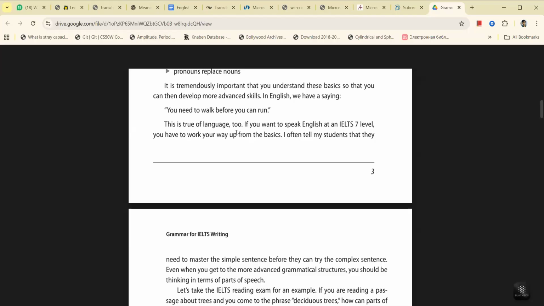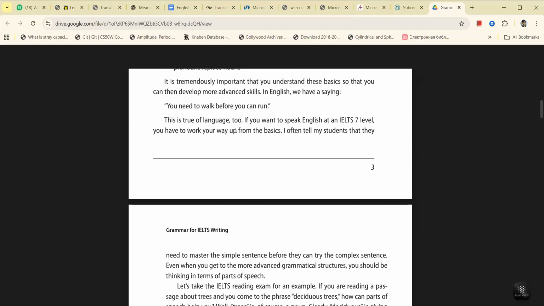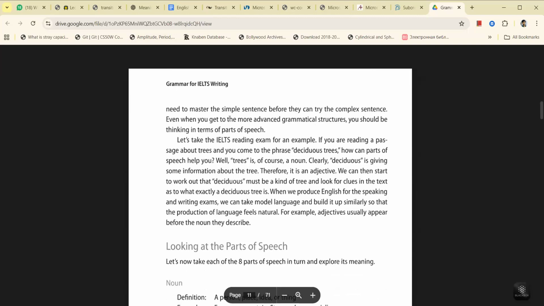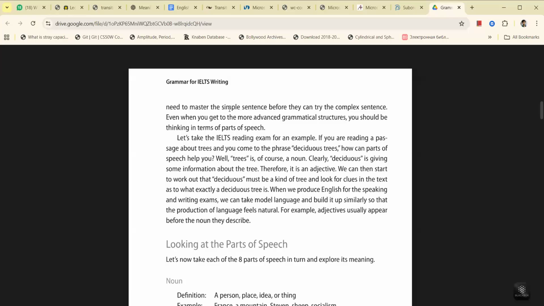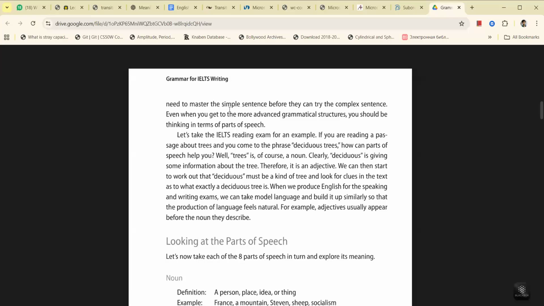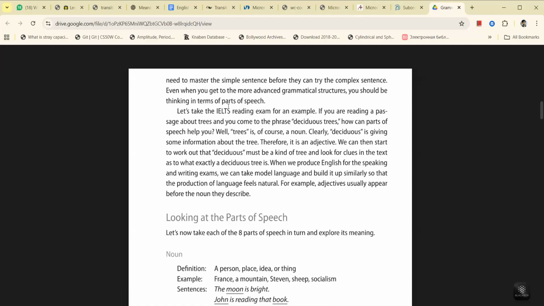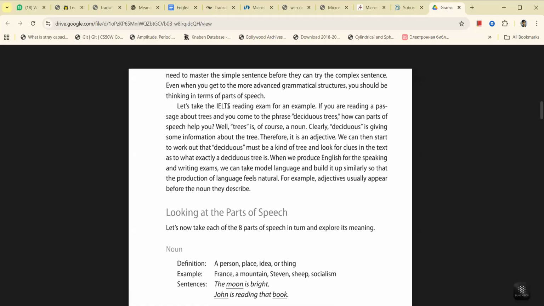If you want to speak at IELTS level 7, you have to work your way up from the basics. I often tell my students they need to master the simple sentence before they try the complex sentence. Even when you get to more advanced grammatical structures, you should be thinking in terms of parts of speech.